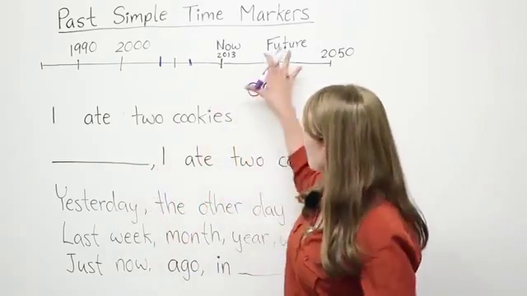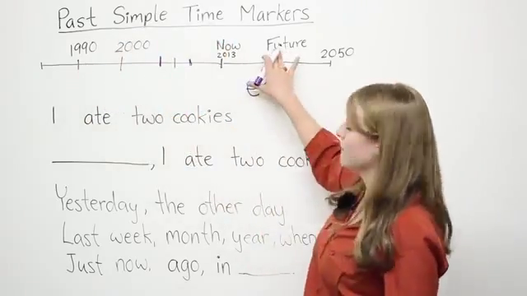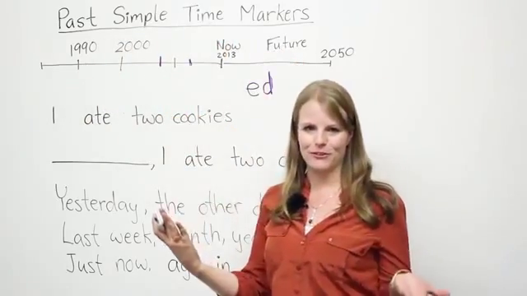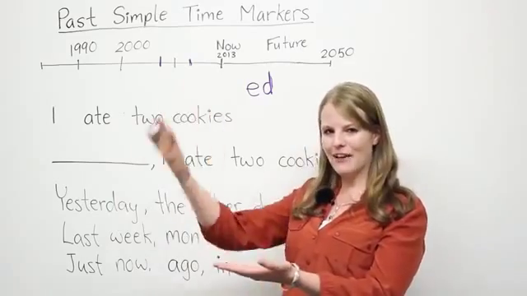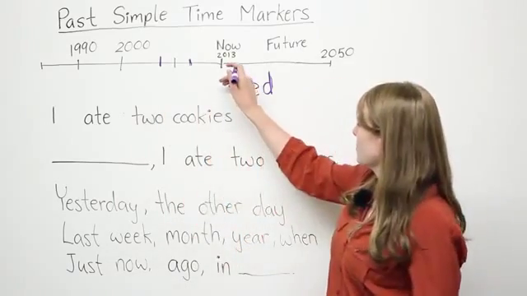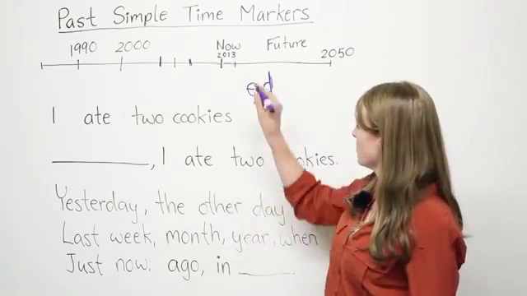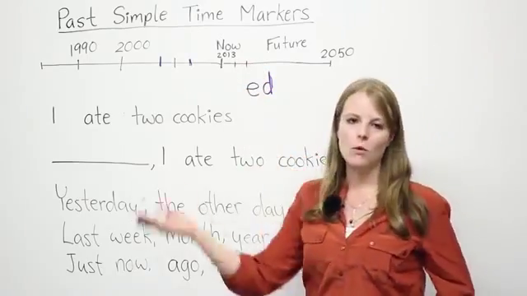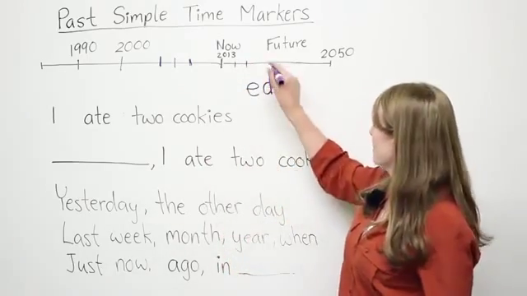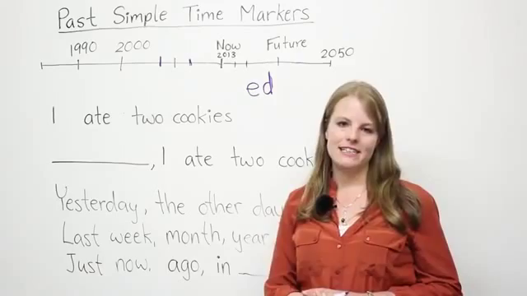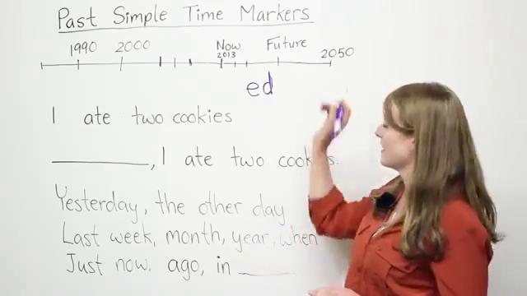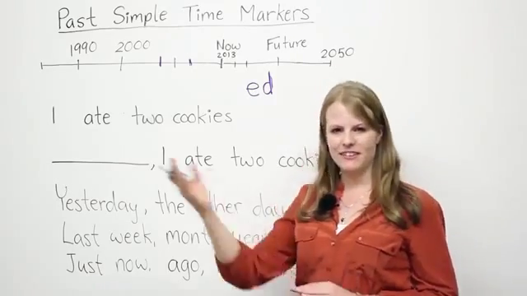So if you look at my timeline, we have the future. What's the future? Everything after today. So this would be tomorrow. Maybe this would be a week from now. Maybe this would be 2020 and then 2050. So this is the future.